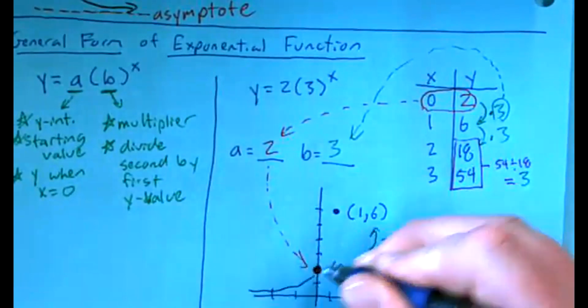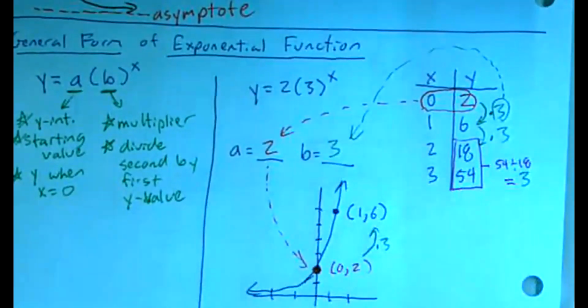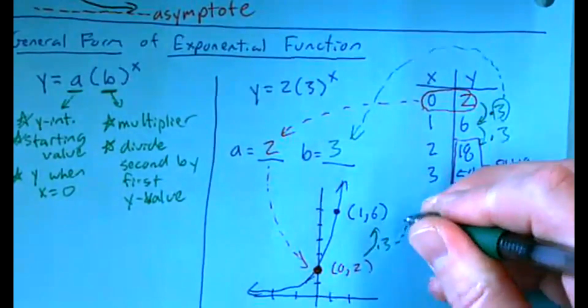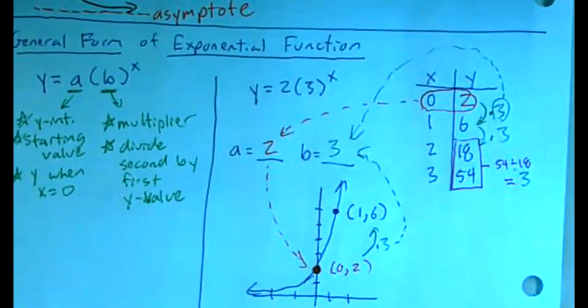So our graph would look like that. And again, this 3 is related to that. All right, so I got arrows all over the place, but I feel like I would be able to follow that.